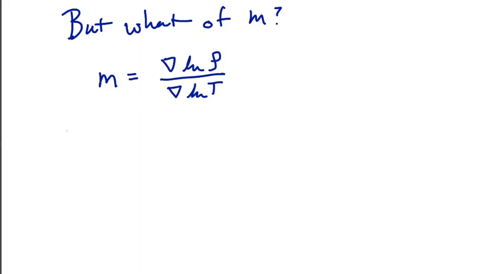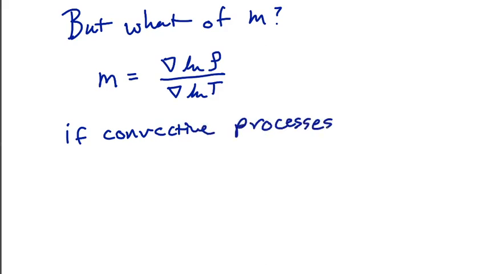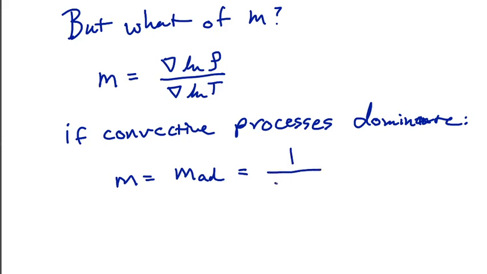If, however, convective processes dominate, and by convective here, we mean convection, the thermal instability, the tendency of hot things to rise, then the polytropic index will tend to be the adiabatic index, as convection mixes entropy and adiabatically stratifies the atmosphere. And the adiabatic index for an ideal gas is given by 1 divided by gamma minus 1.